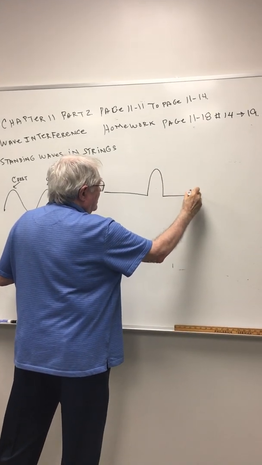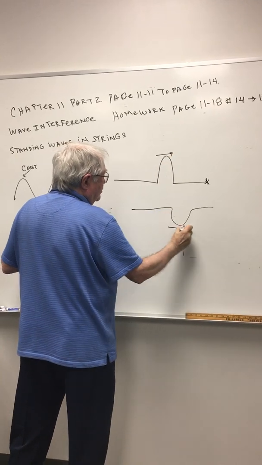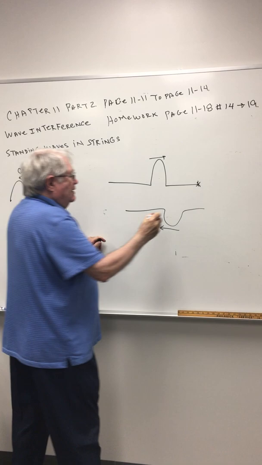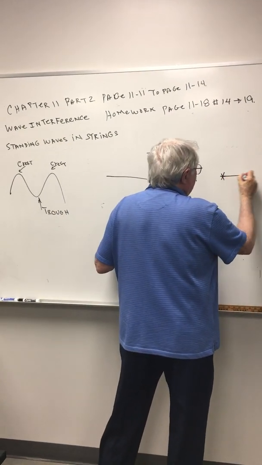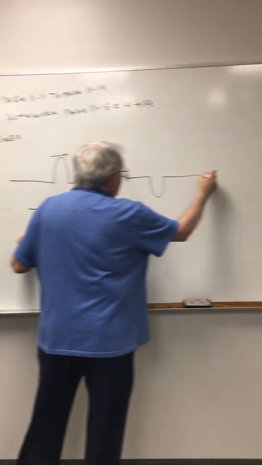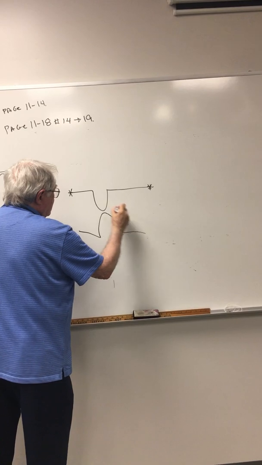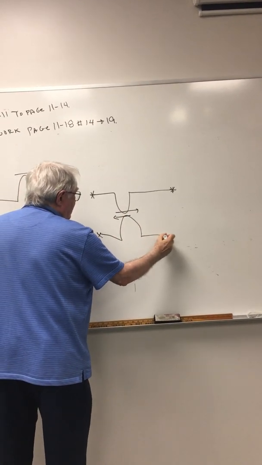It will tend to bounce back as a trough. So it goes through what we call a 180-degree phase change. If you have a trough and it goes down there and hits a fixed end, it will reflect back as a crest. So it goes down as a trough and comes back as a crest. Again, what we call a 180-degree phase change.